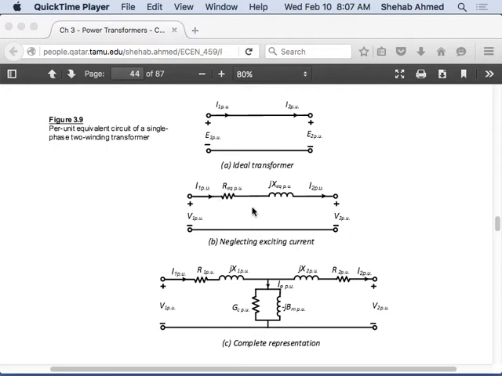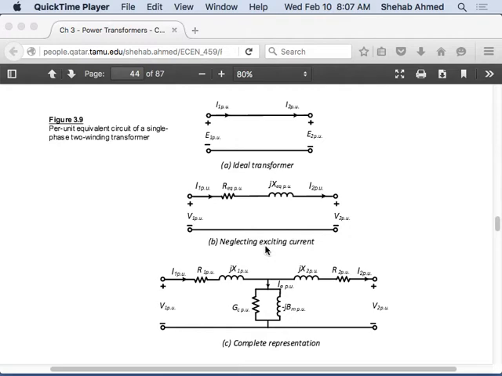Voltage drop will be because of the fact that we have an impedance in series, right? So this is a big parameter in the design of the power system components that we will be designing.